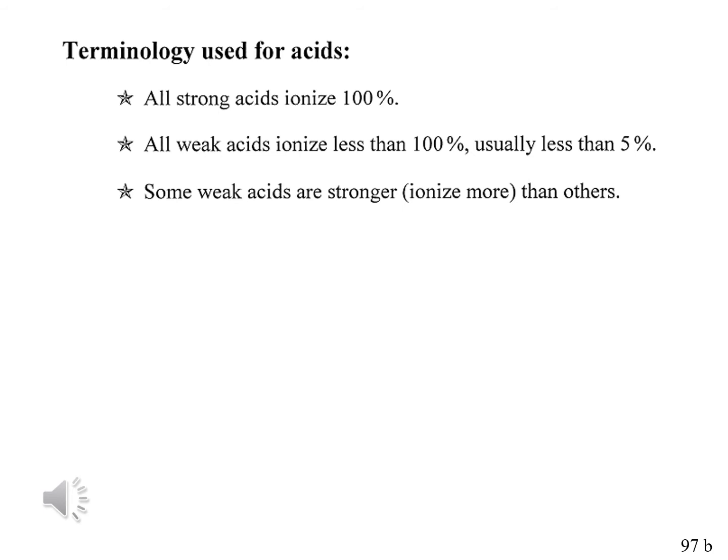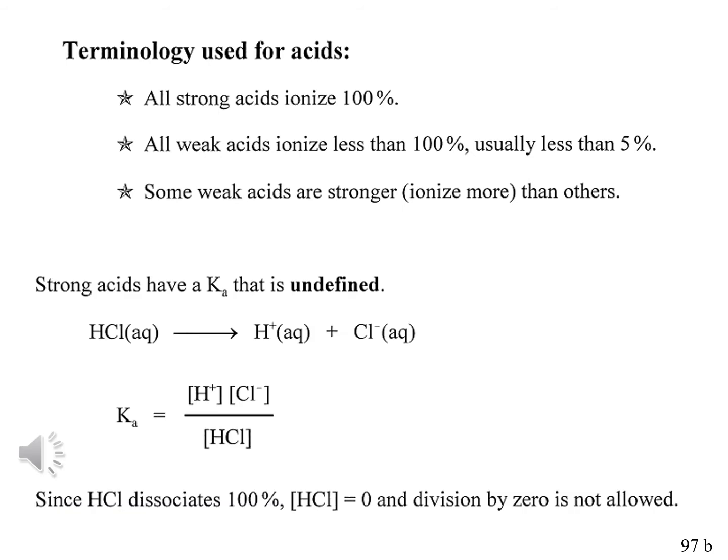But even though weak acids ionize less than that, you can still call some weak acids stronger than others, which means they have more ions. So you can use the comparative, but you can only call strong acids those 6 I showed you. And for the same reason as in KSP, there is no KSP for a soluble salt. There's also no Ka for a strong acid.